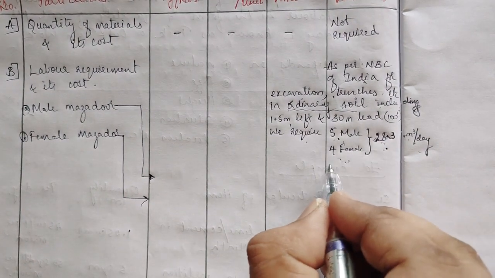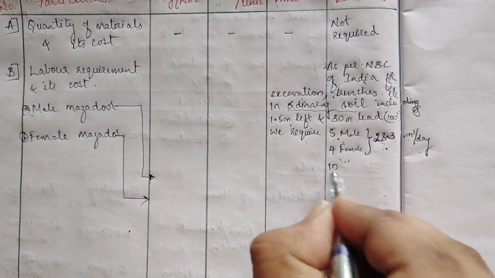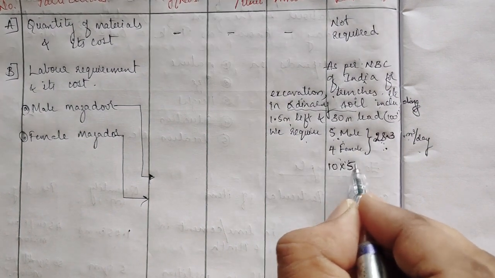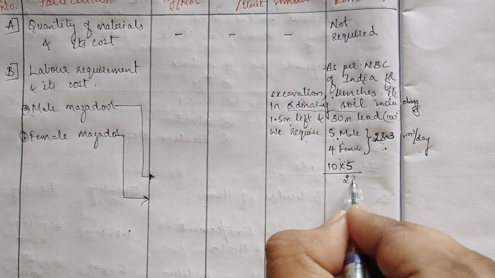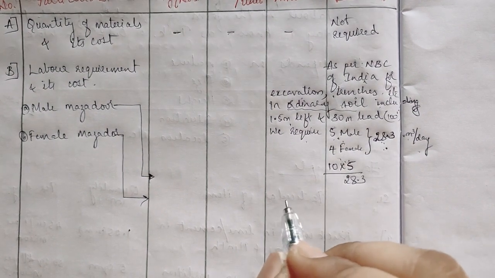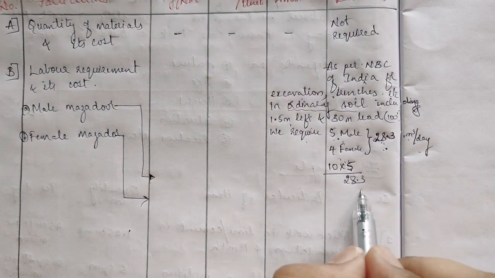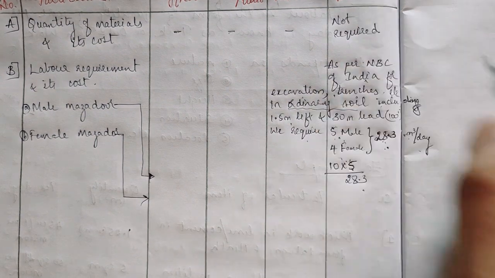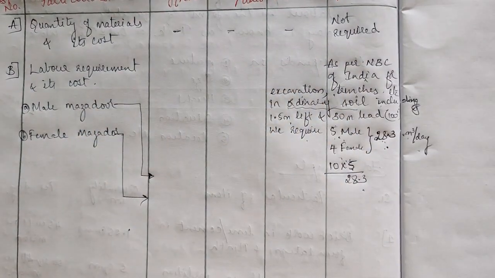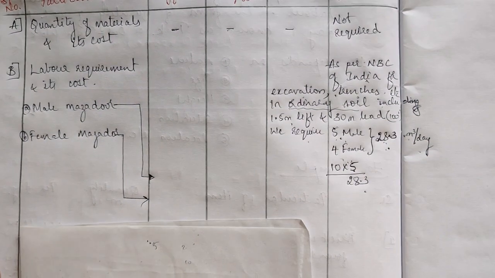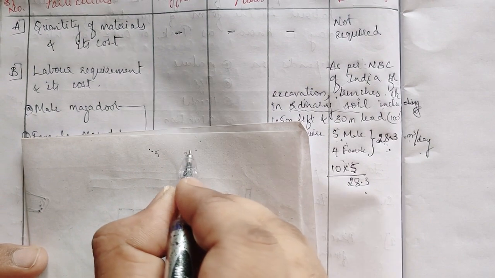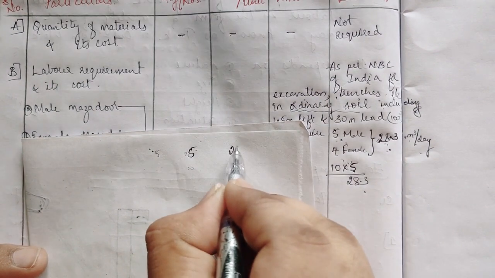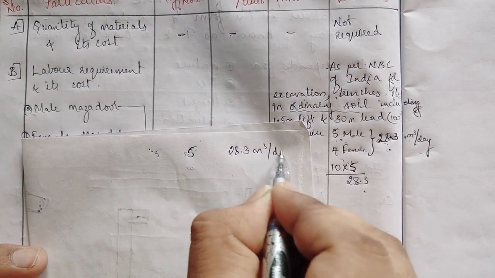So now what I do is, our work is 10 meter cube, and the code specifies 5 male mazdoors for 28.3 meter cube per day. So for one mazdoor, we have to write, one minute. See here, 5 male mazdoors are required for 28.3 meter cube per day.